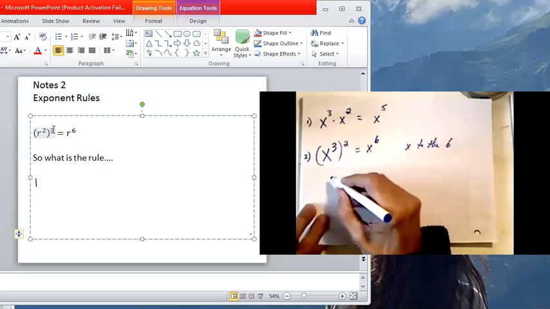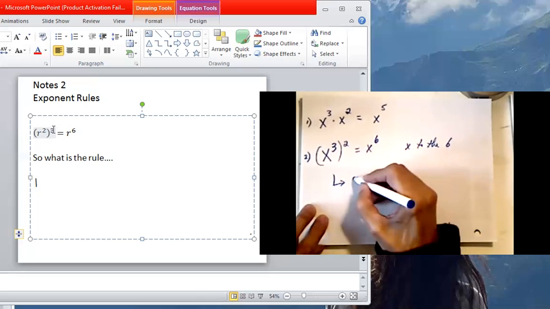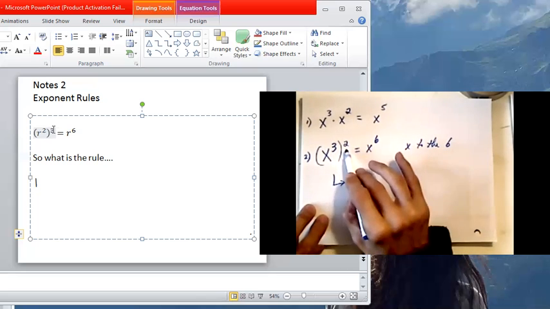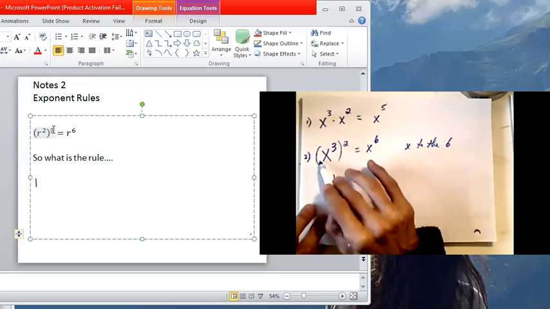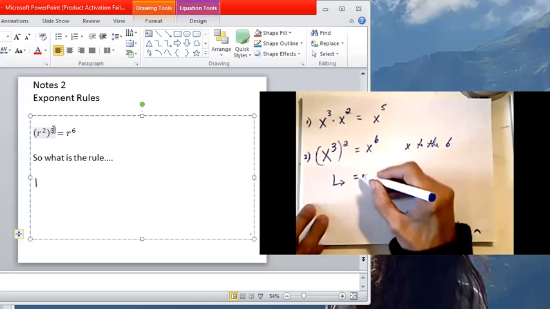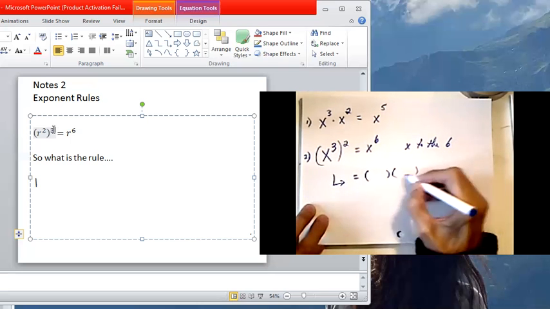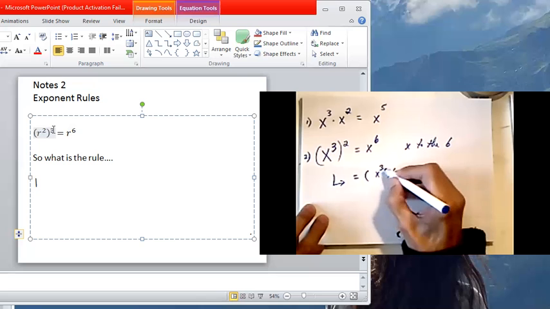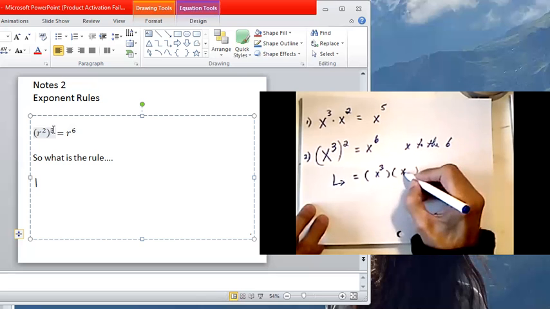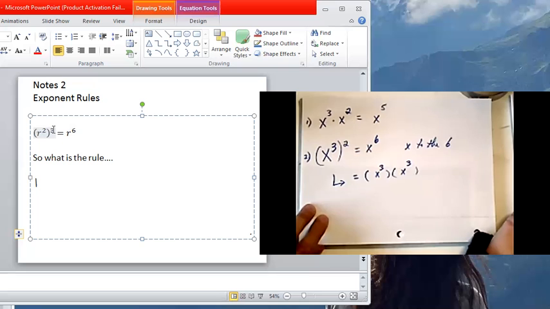Yeah, I showed the answer, but I'm confused a little bit. For sure. This 2 on the outside says we have 2 times, 2 of these multiplied together. It shows we have 1 x to the power of 3 times another x to the power of 3.